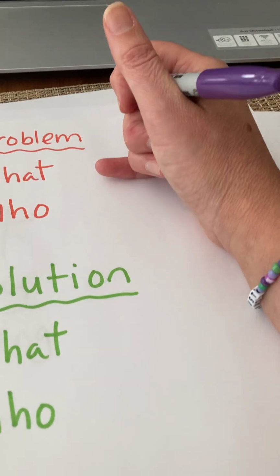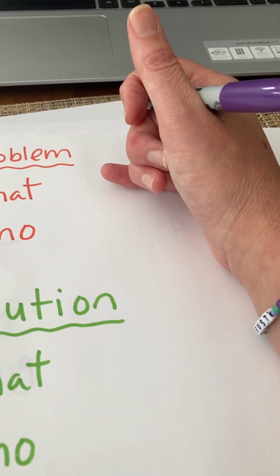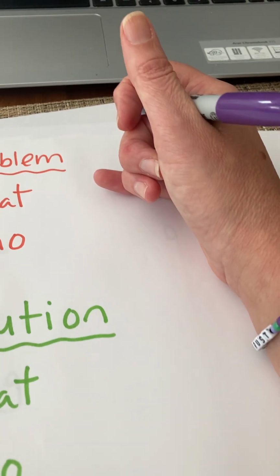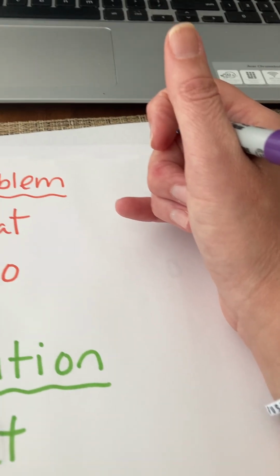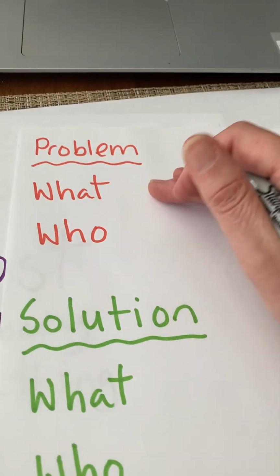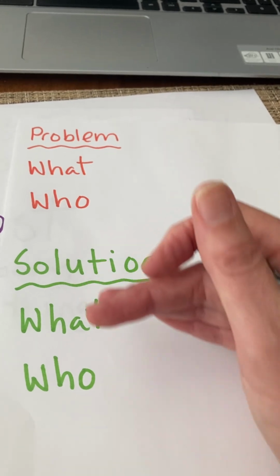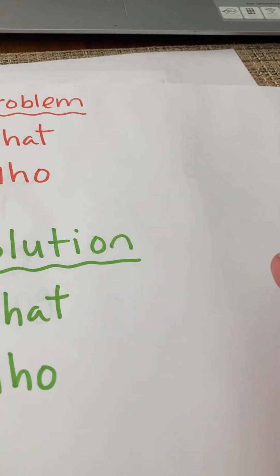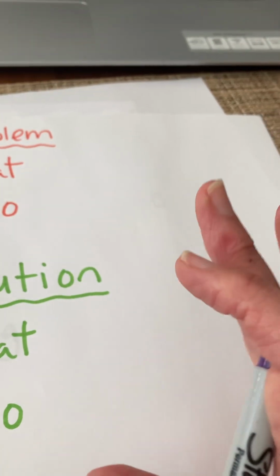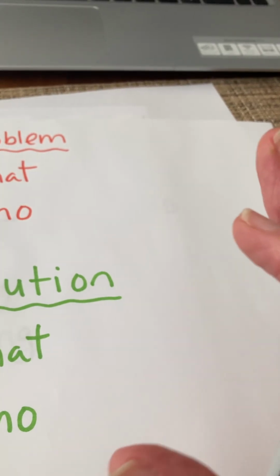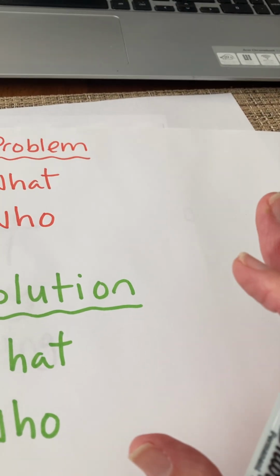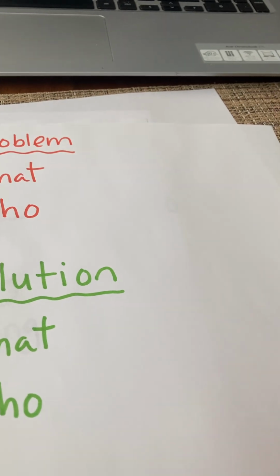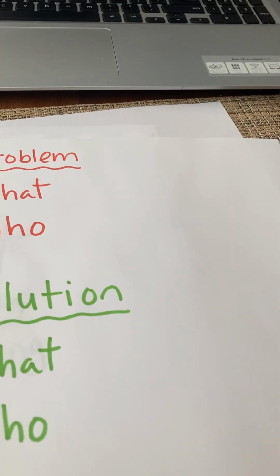So come up with a really exciting problem, or a really difficult problem, or a really awful problem, and then come up with a solution. The other thing I'm going to say is, I don't want this to be a really frightening, awful story. So stay away from the really, really bad stuff. Your parents will steer you off that.